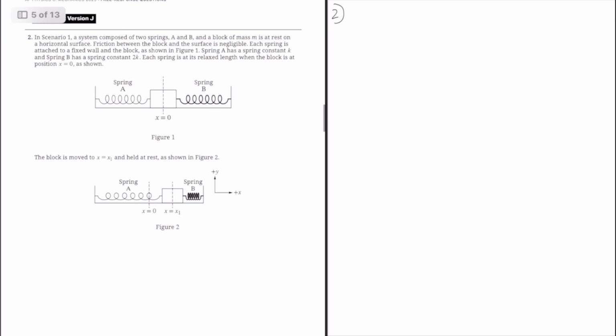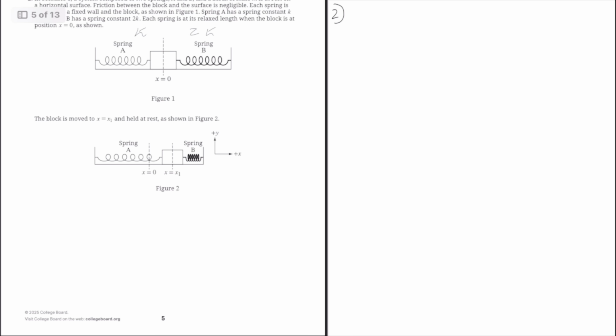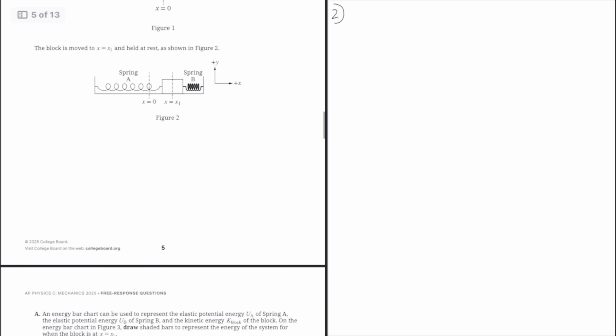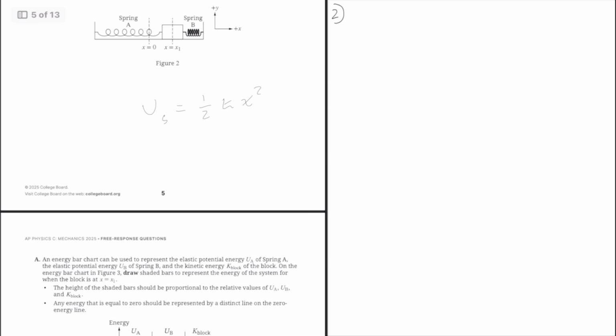It told us spring B had 2K, but this one just had K. So they're being compressed or stretched the same distance, and you know that spring potential energy is 1/2 kx squared. But if they're being stretched the same distance, that's the same for the two, but they have different k's. Well, for UA, I'll just plug in x1.